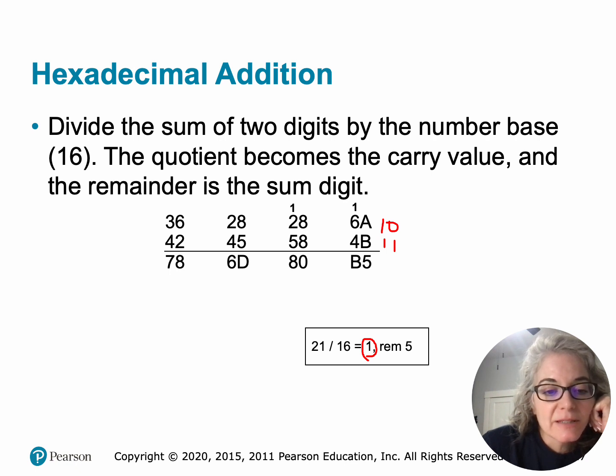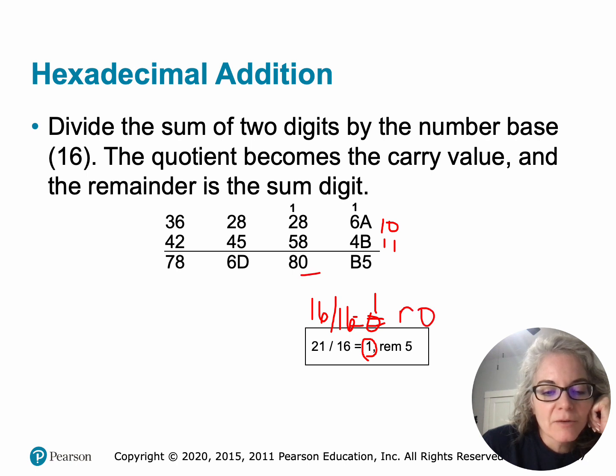For 16, we know that it's going to be 0 and we carry 1. How do we know that? Well, 16 divided by 16 is 1 with a remainder of 0.